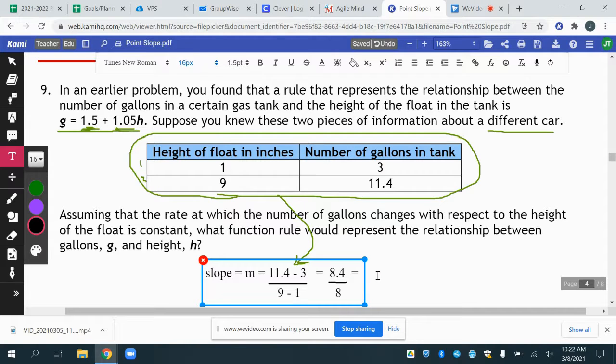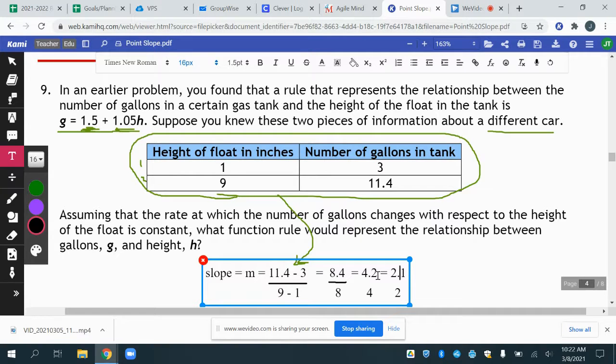You know what? I could make it smaller now that it's 8.4. I know that all of the numbers on top and bottom are even, so I could do 42 over 4. And they're still even, so I could do it again. 21 over 2.